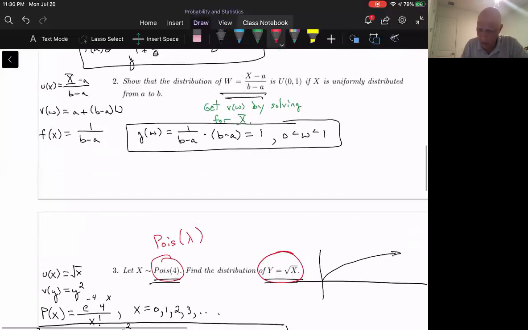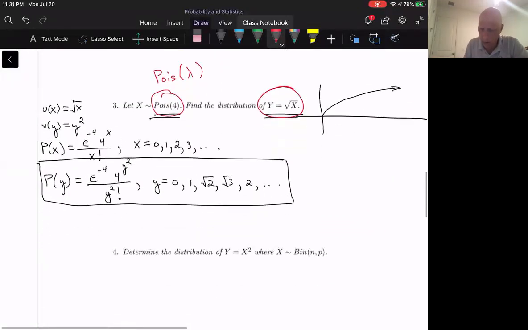In number 2, w equals x minus a over b minus a. So what does x equal? X equals that, your v of w function. And then number 3, y equals root x. So when you want to solve for what x equals, it's your v function.